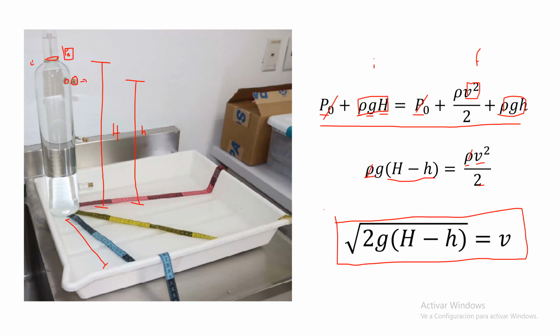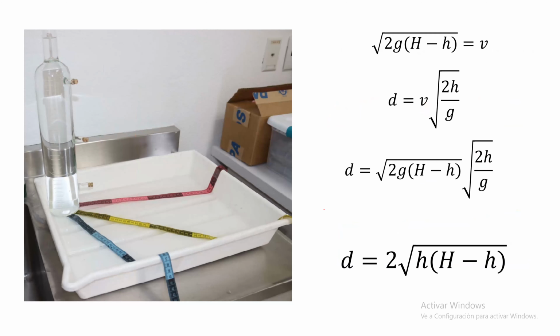I should say that we're going to see water because water roughly is close to what we said was an ideal fluid. It's really incompressible and it's very non-viscous, etc. Okay, so then when we have this formula for velocity, then we're going to try to get the range, the distance, which remember is the distance right here, at which the water will topple down, like this.